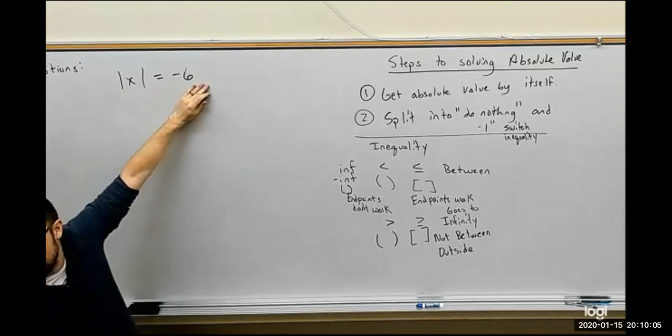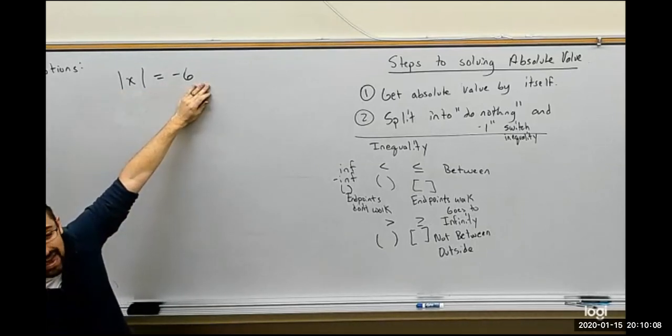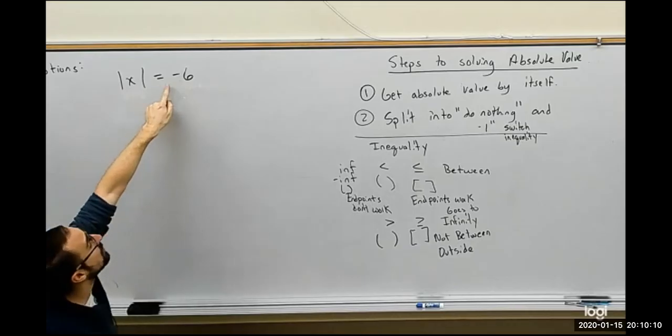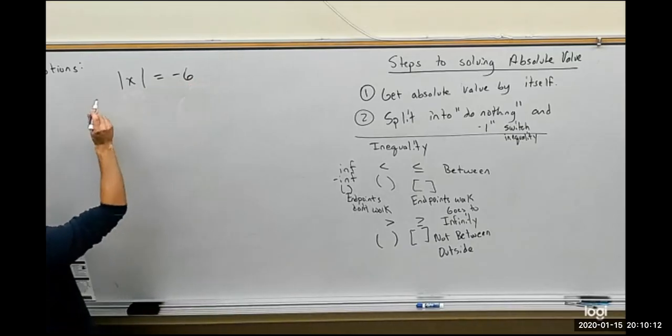Can an absolute value equal a negative number? It can't.